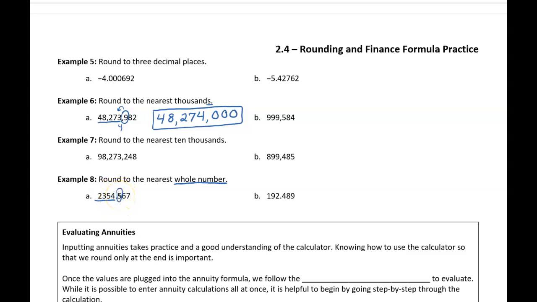Well, is 5 greater than or equal to 5? Well, it's equal to. So that means that the 4 is going to go up by 1 number. And everything to the right-hand side drops away. So my answer here will be 2,355. And that's our rounding.